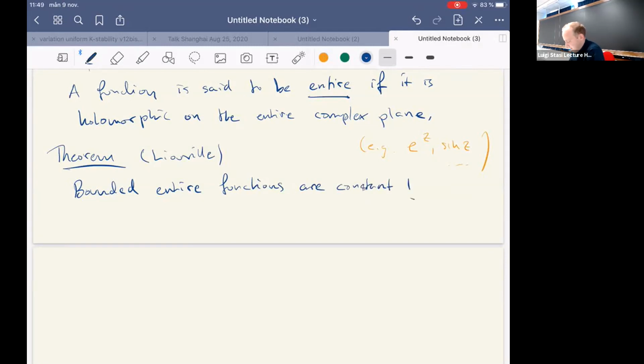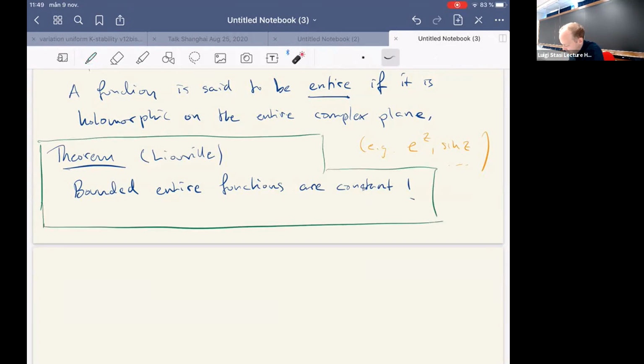Okay, so this is a very useful one, a very nice one. For example, the entire functions that we know here, e to the z or sine z, are not constant, of course, but this means also they are not bounded.